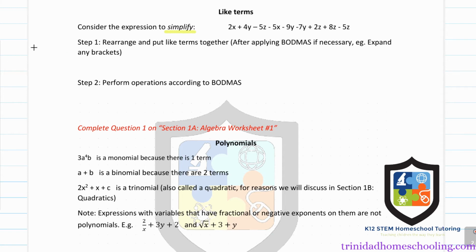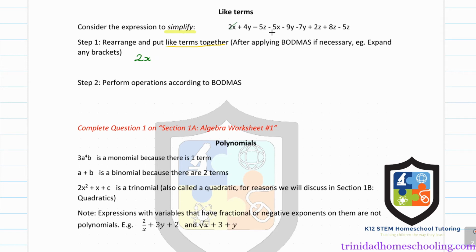So to do this, step 1 will be to rearrange and put like terms together after applying BODMAS if necessary. For example, expand any brackets. Now in this case, we have no brackets to expand. So we are going to just rearrange this and put like terms together. Let's start on one end with 2x. Are there any other x's?